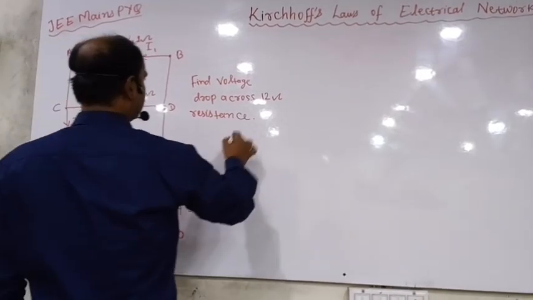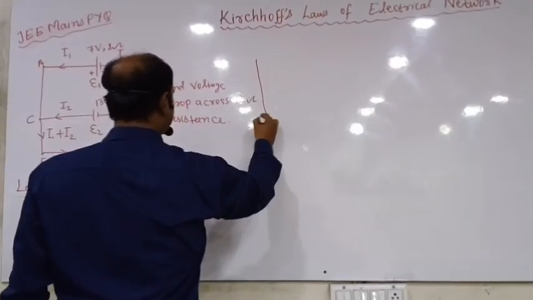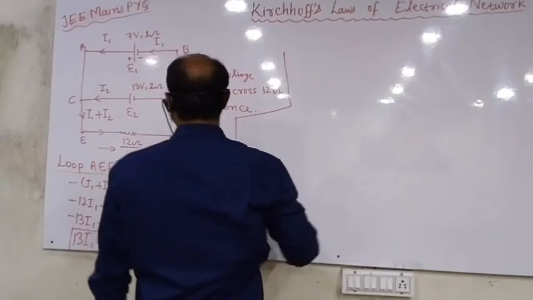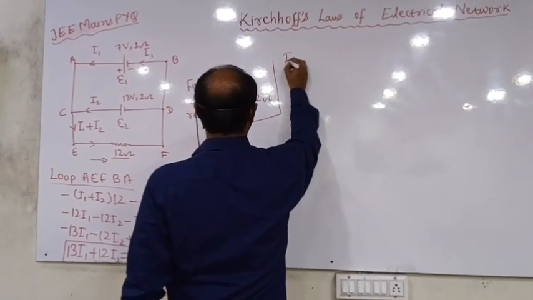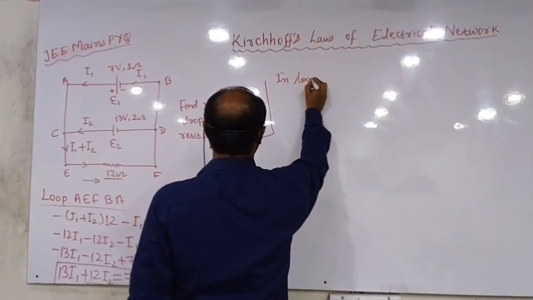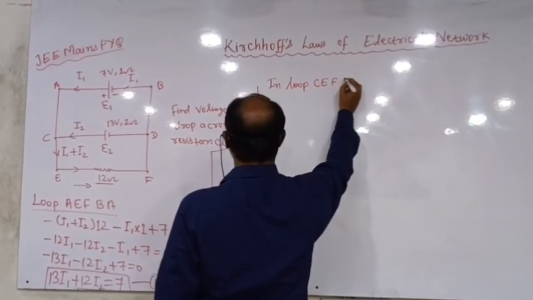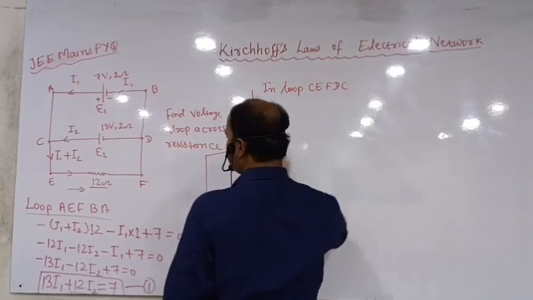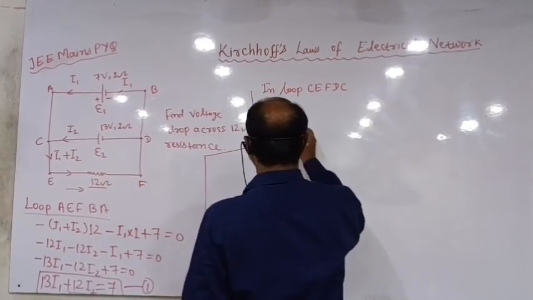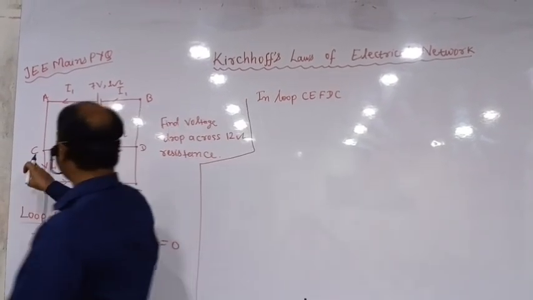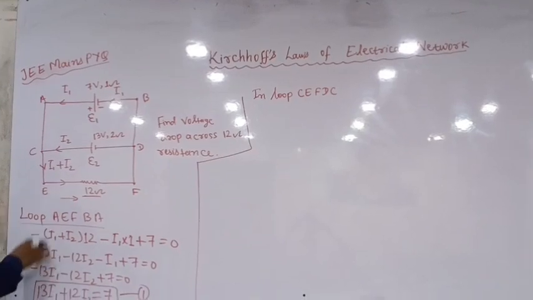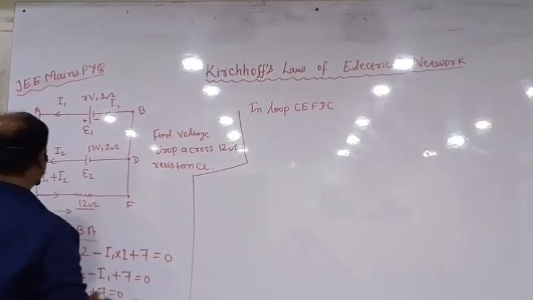Now we have to solve again in the second loop, loop C, E, F, D, C. So from C to E there is no element.